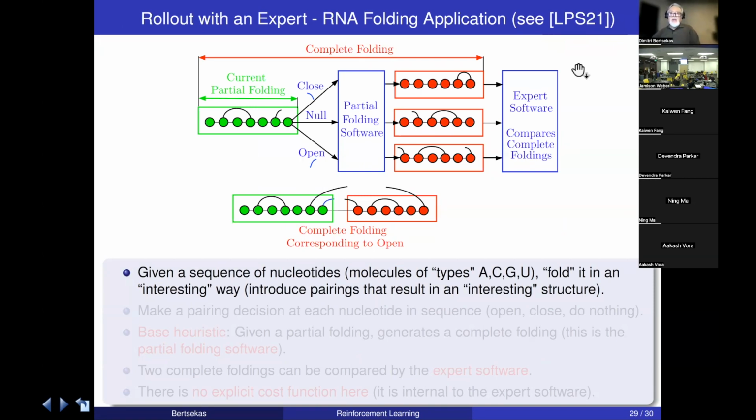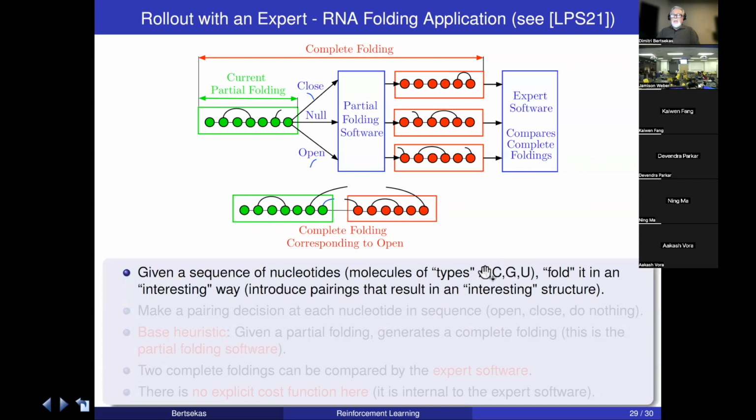Now, this is a classical and important problem in computational biology, and involves sequences, RNA sequences. Now, an RNA sequence is just a regular sequence of letters, okay, for nucleotide types. And there are 4 types, A, C, G, and U.